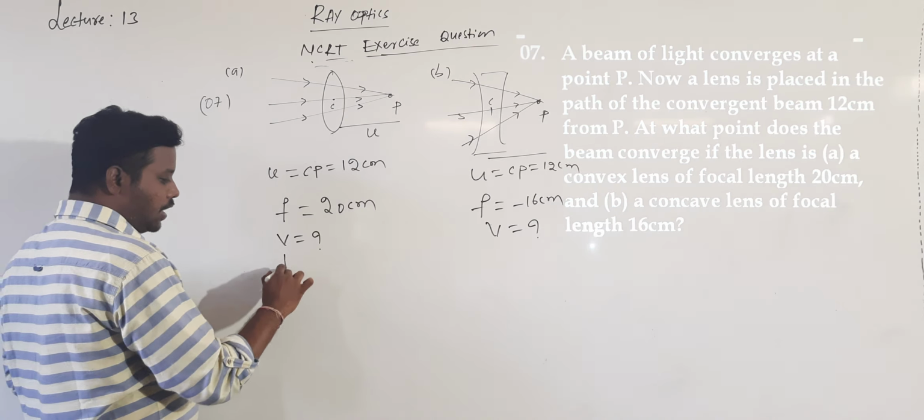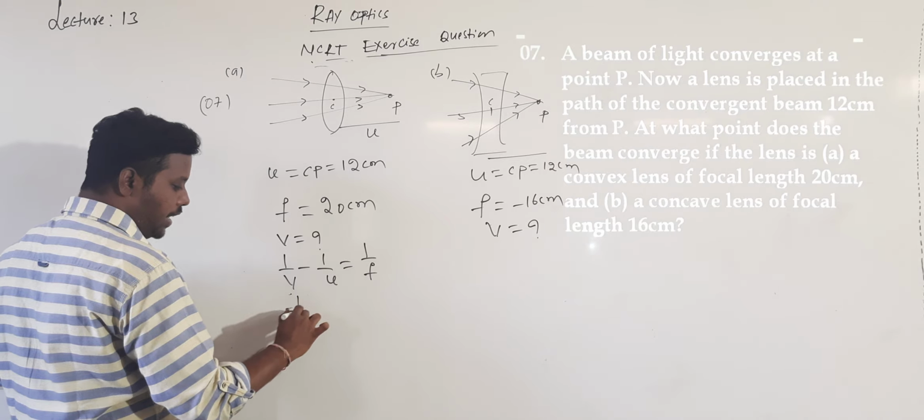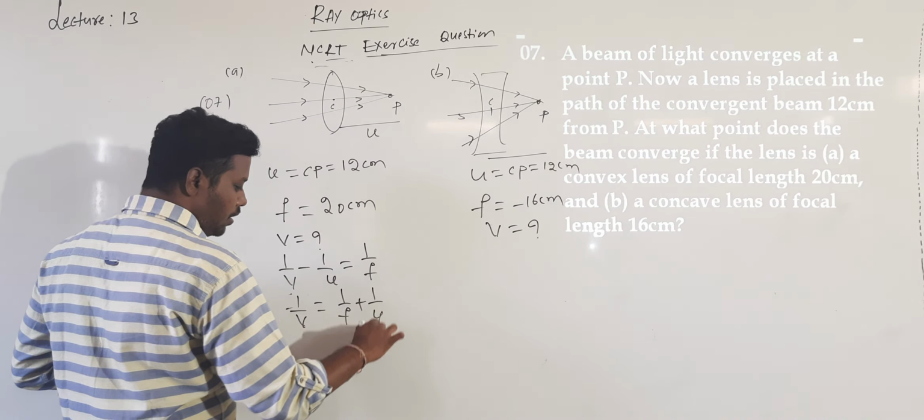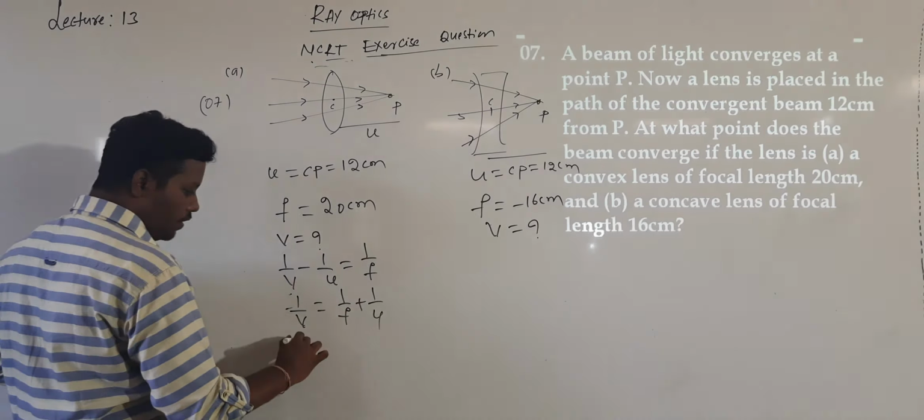What is the lens formula? 1 by V minus 1 by U is equal to 1 by F. From this, 1 by V is equal to 1 by F plus 1 by U. The value of V is equal to F into U divided by U plus F.